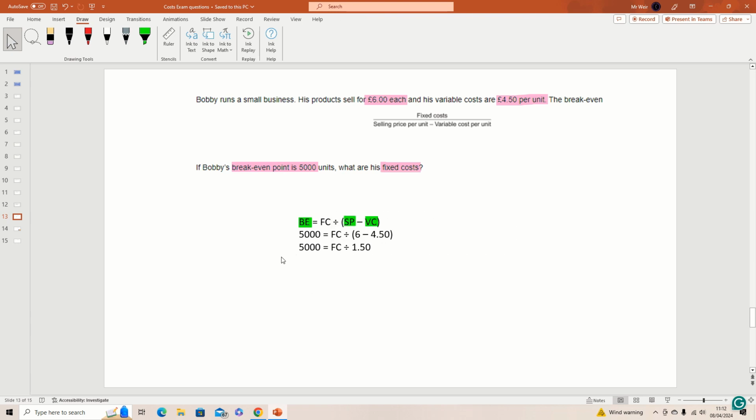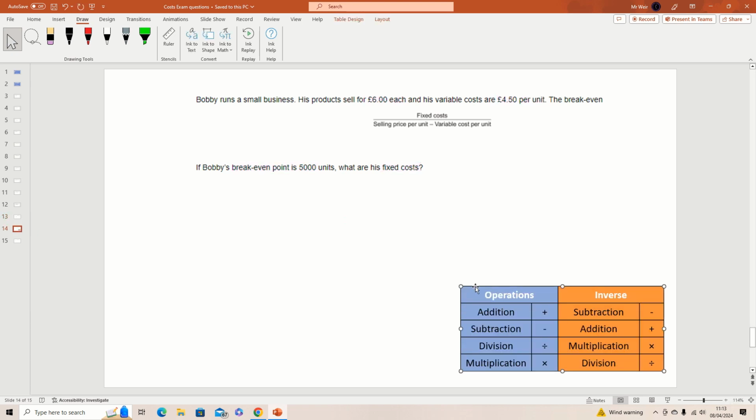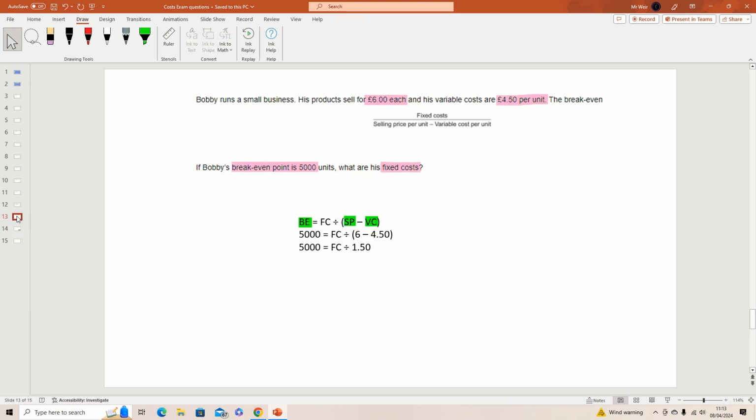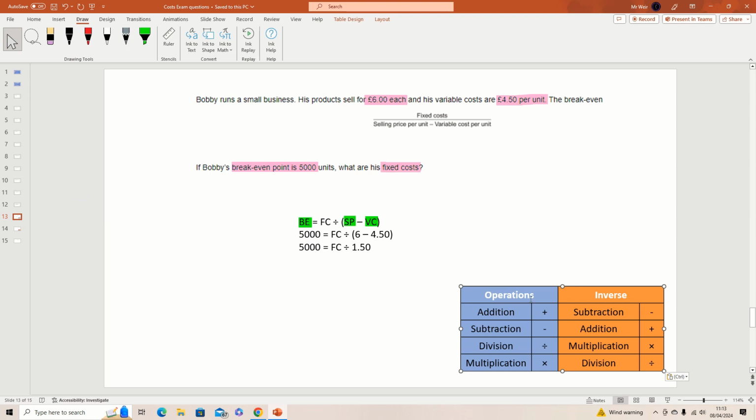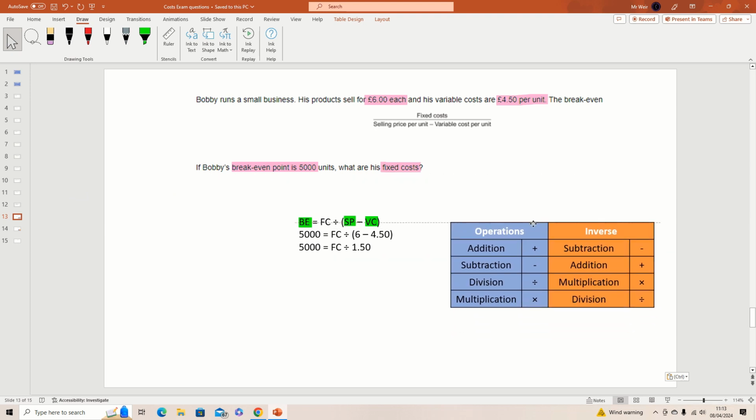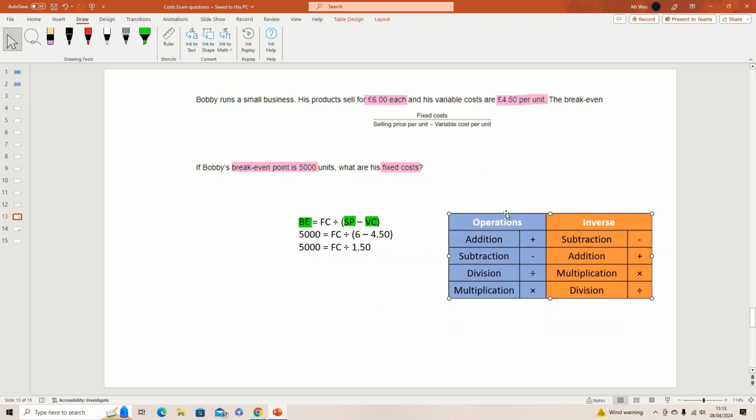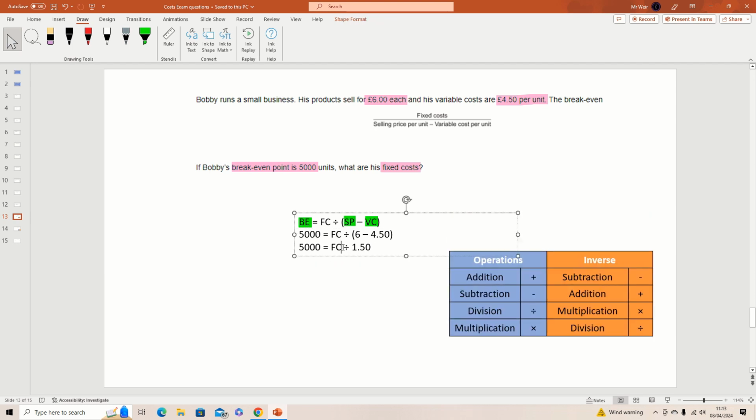So we're going to use something called the order of operations. So I've got this table here. We've got our operations and we've got what the inverse would be. So we need to get FC to be on its own. We've got this division symbol on the right hand side, which means that fixed costs is going to be divided.